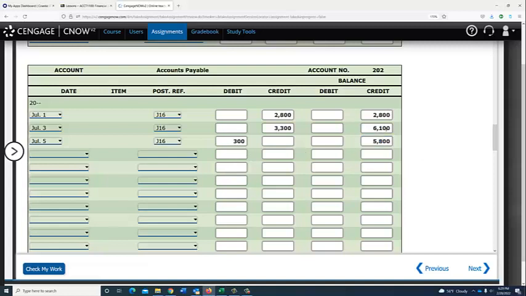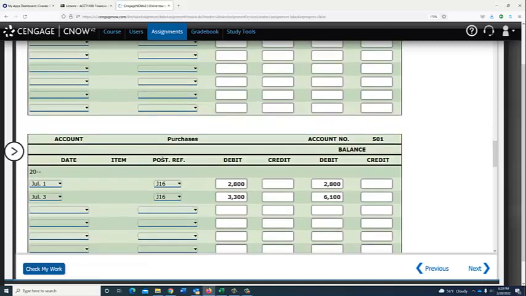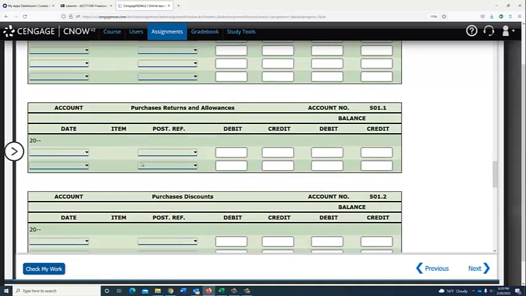Okay, so we have a credit and a debit. We subtract the two. The credit's higher, so it's staying on the credit side. We'll go down to purchase returns and allowances and enter the credit of $300.